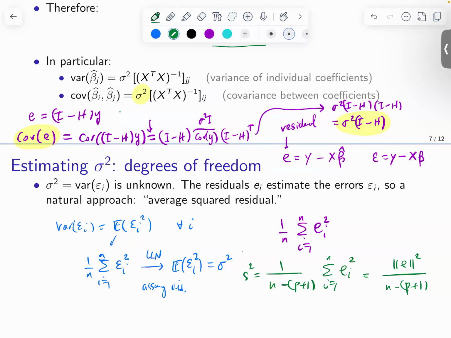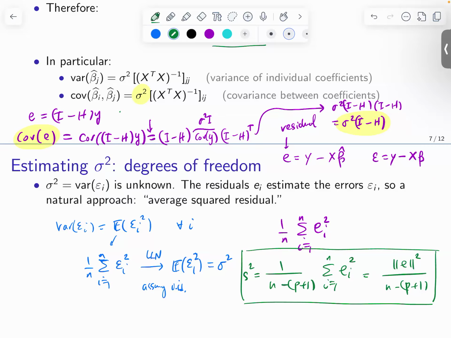This estimator is called S squared, and we'll see that it is the actual unbiased estimator. At this point it might not be clear, but there are many ways we're going to work with this, and it becomes clear that it uses the properties of projection operators.